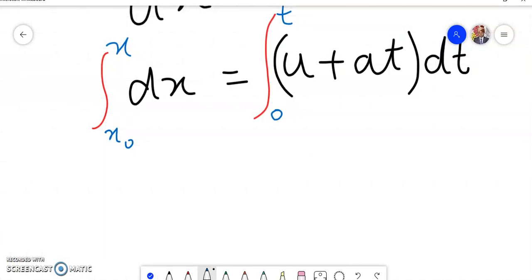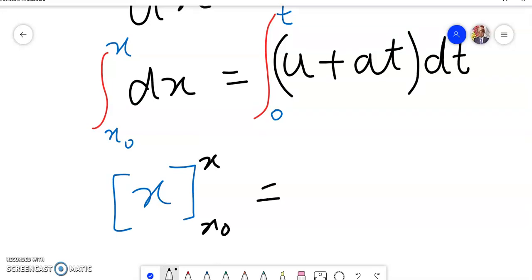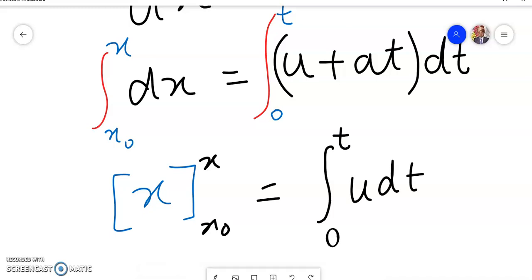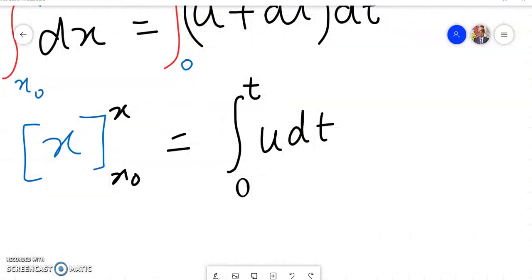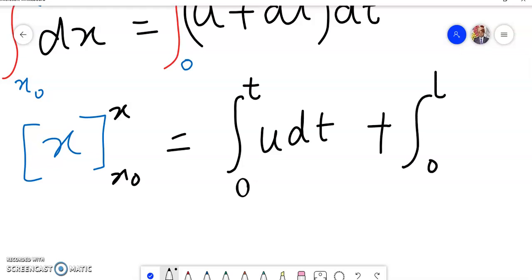On the left hand side you will always get x and the limit will be x naught to x. On the right hand side, since there is an addition function, addition is distributed, so what you will get is 0 to t u dt, plus 0 to t at dt. Simply integration.